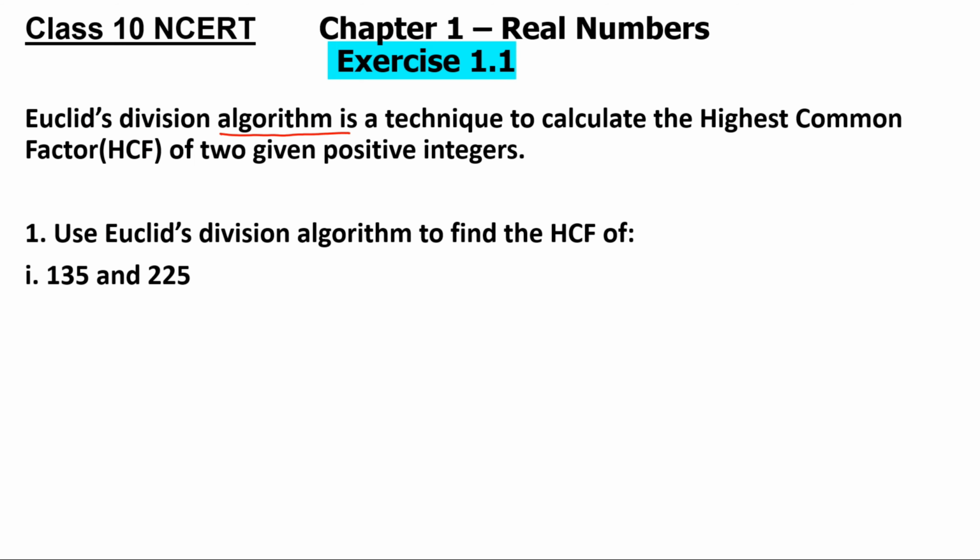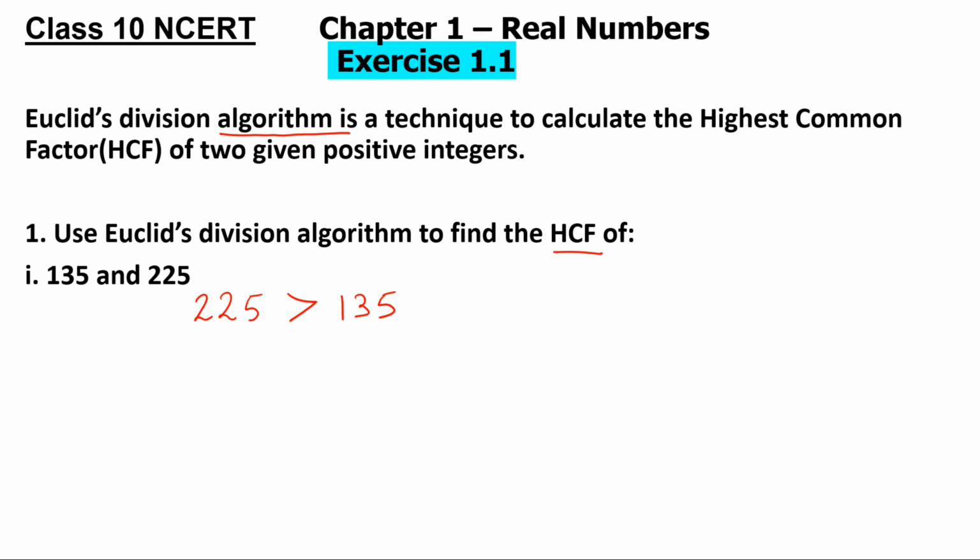135 and 225. These two numbers are given to us and we have to find the HCF using Euclid's division algorithm. The first step is to see which is the greater number. Obviously 225 is greater than 135. The greater number becomes the dividend and the smaller number becomes the divisor.